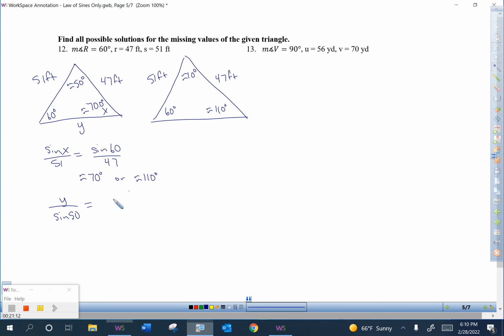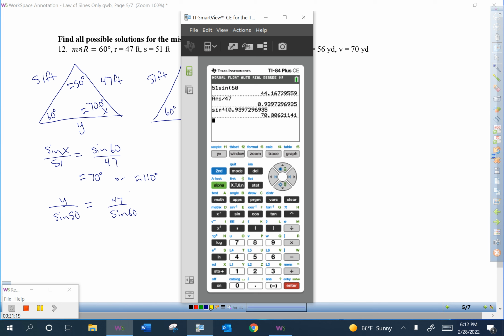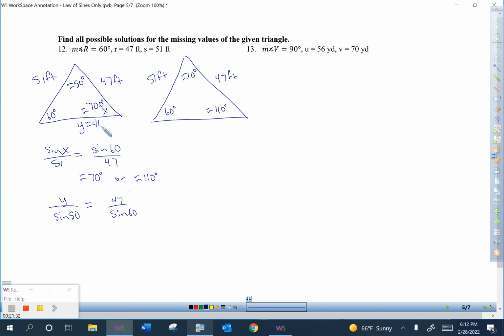Okay, so here I would use 47 over the sine of 60. And then, throwing it in my calculator, it's just 47 times the sine 50, enter, divided by the sine 60. We've got about 41.6, and it's talking about feet.